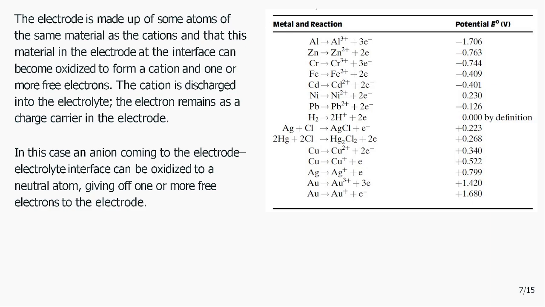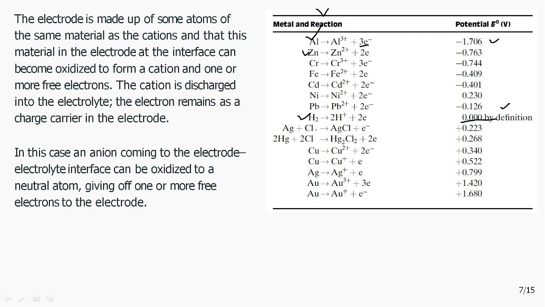You can see the half cell potentials of different electrodes here. For aluminum, 3 electrons are generated, and it gives minus 1.706 as its half cell potential. All these electrode potentials are measured with respect to the hydrogen half cell potential, known as the standard hydrogen electrode potential.